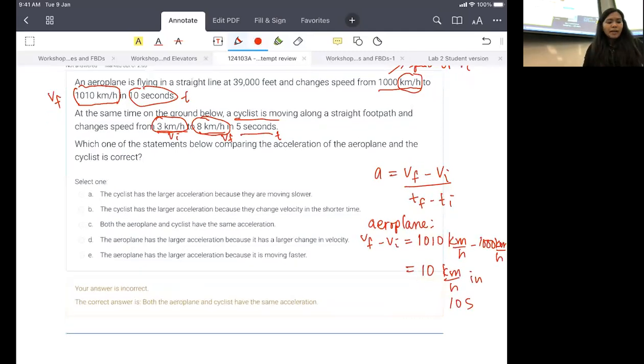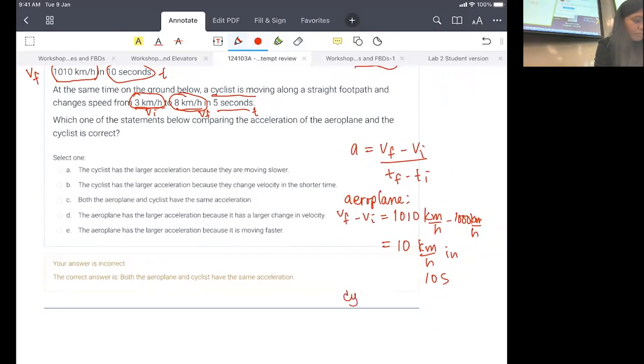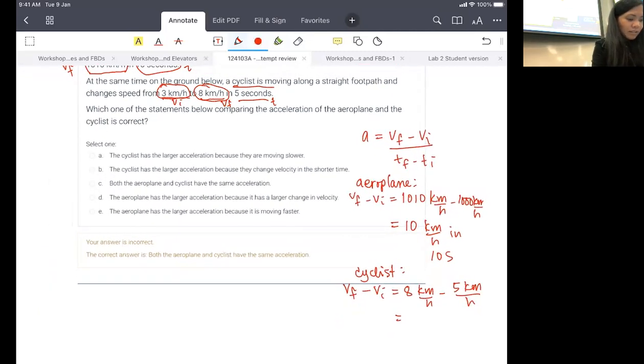And for the cyclist, final minus initial speed. It went from 5 kilometers per hour to 8 kilometers per hour. Your final speed is 8 and your initial speed is 5.